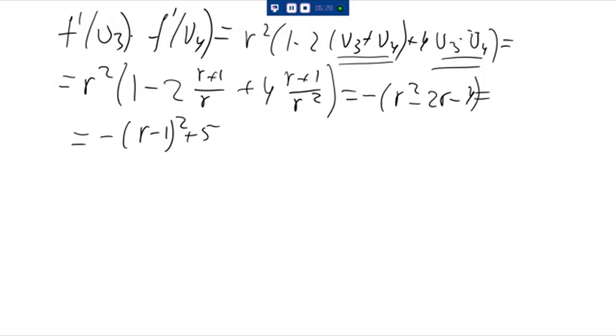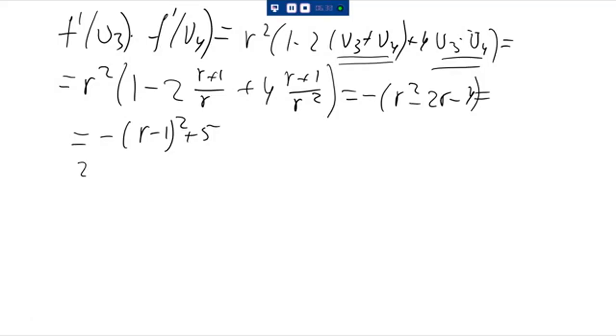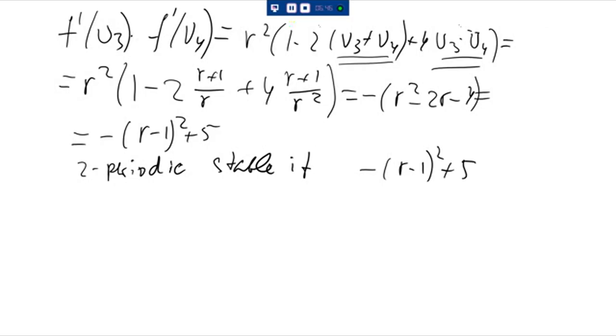Two periodic solutions are stable if minus (r minus 1) squared plus 5 by absolute value is less than 1. And this means 5 minus (r minus 1) squared is more than minus 1 and less than 1.